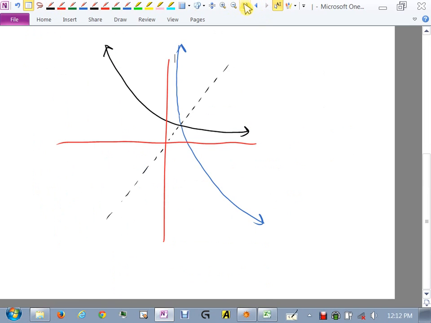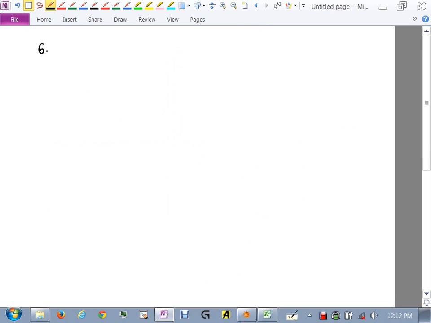Do you all remember that there were two special exponential functions? What were the two special exponential functions? 10 to the x and e to the x, right? Well, there are two special log functions.